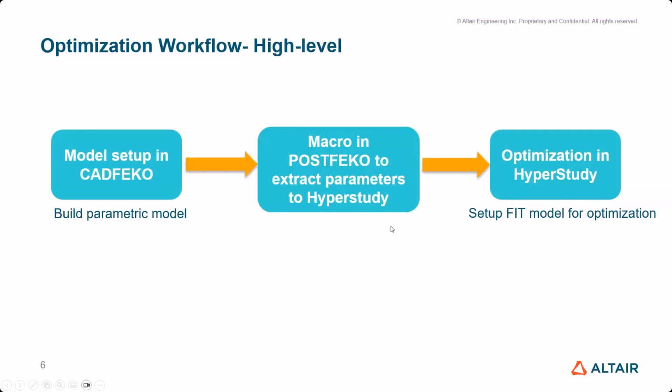So in POSTFEKO, we have a macro that can extract the parameters from the FEKO model directly into HyperStudy, so that you don't have to create the model from scratch in HyperStudy. And once that is done, you then create your optimization model in HyperStudy. You set up a fit model or a surrogate model for optimization.